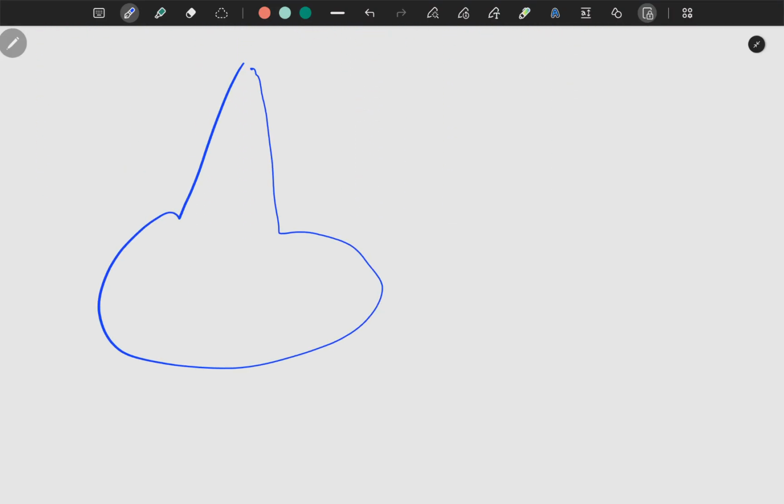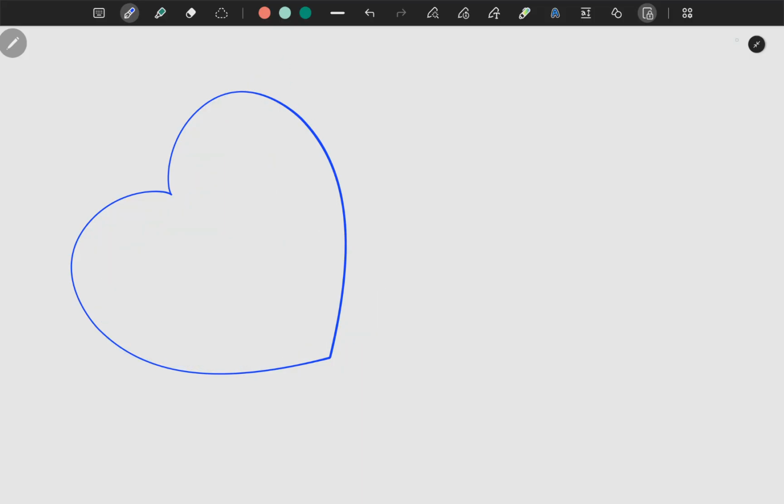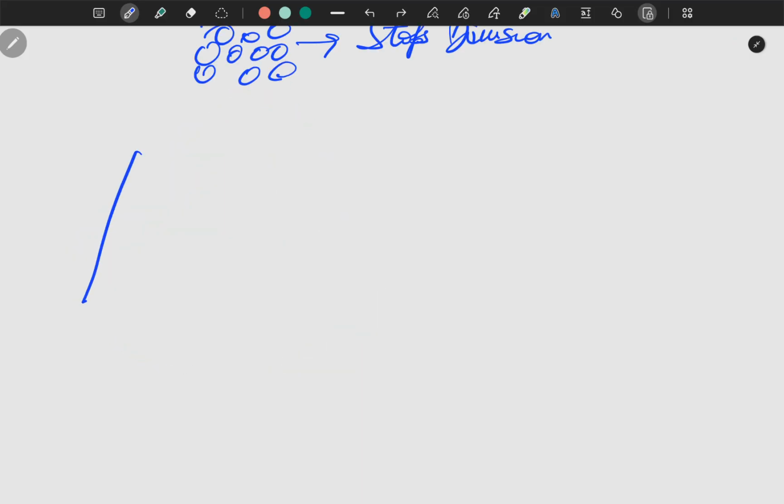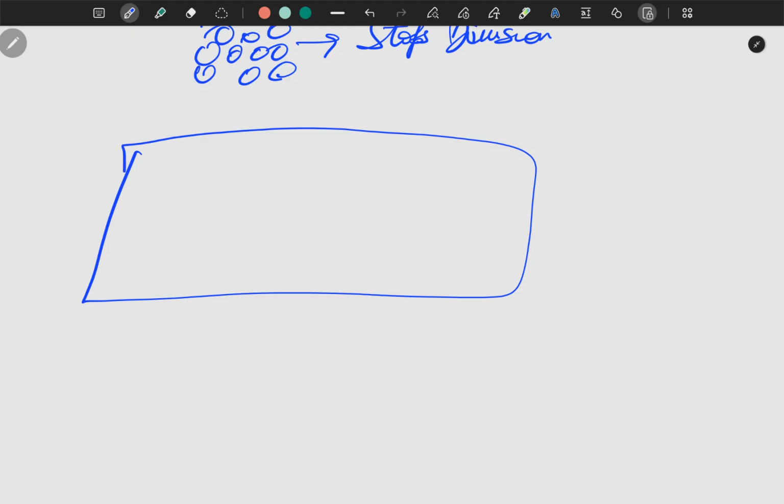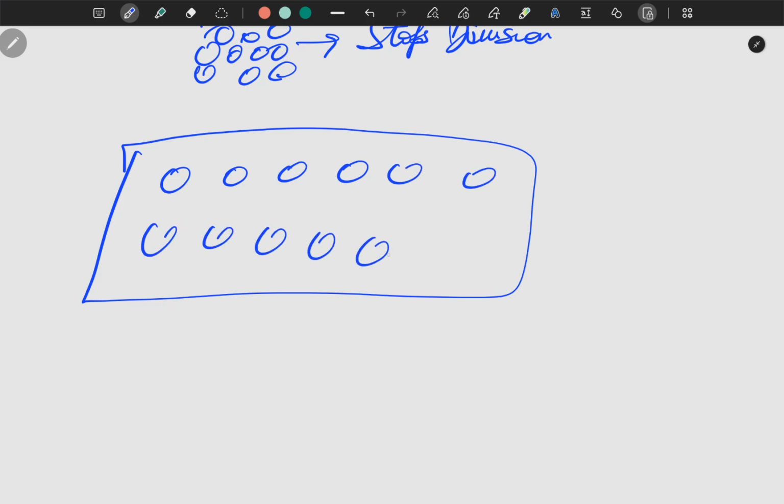This was tested in lab class. For example, let's just take a container. There's a cell placed here. Now division happens.